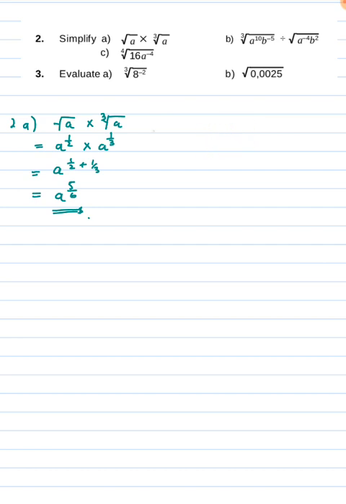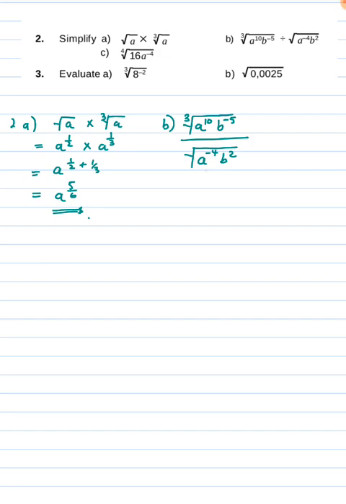Then we go to B. B is the cube root of a to the power 10, b to the power of minus 5, all of it, then all divided by the square root of a to the power minus 4 b squared.